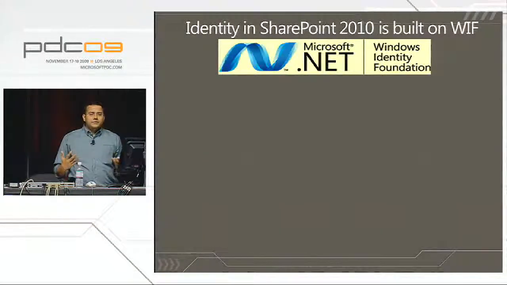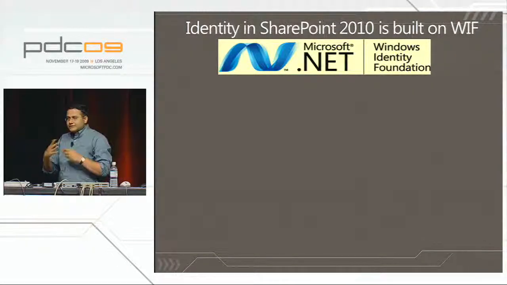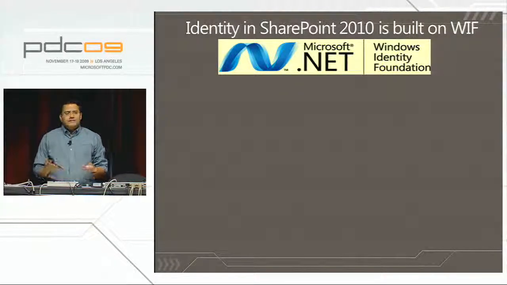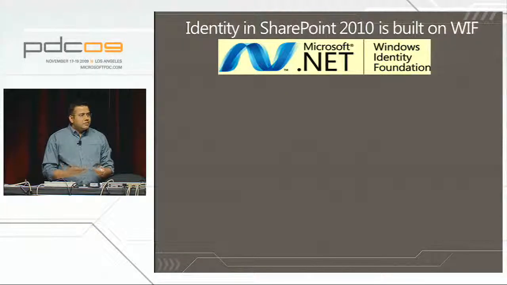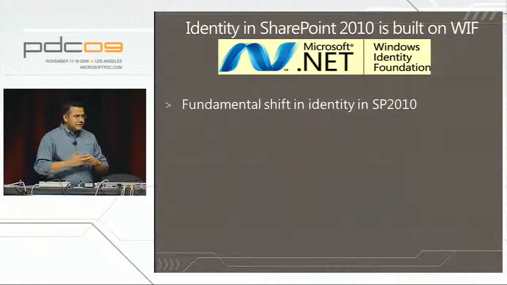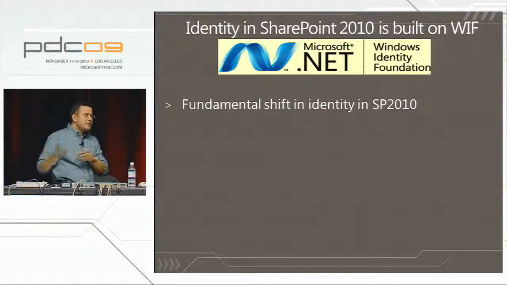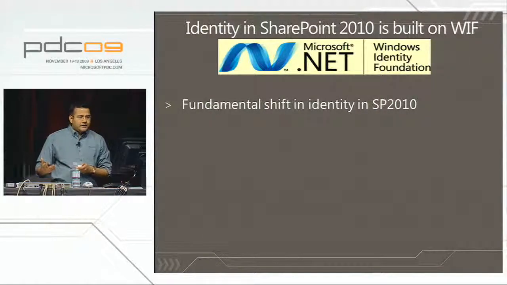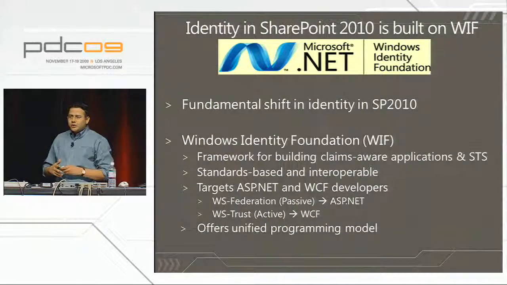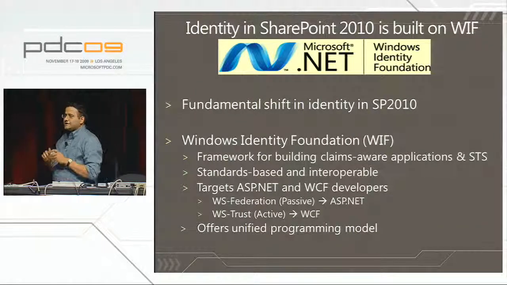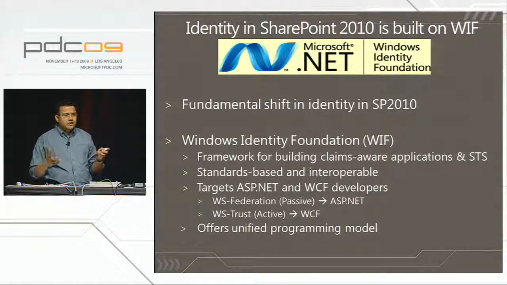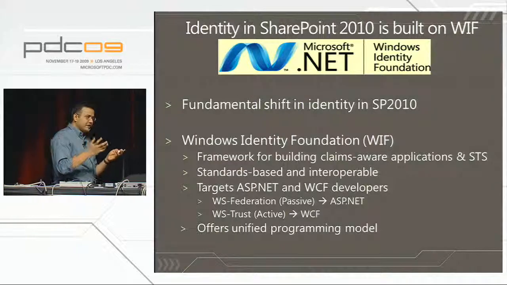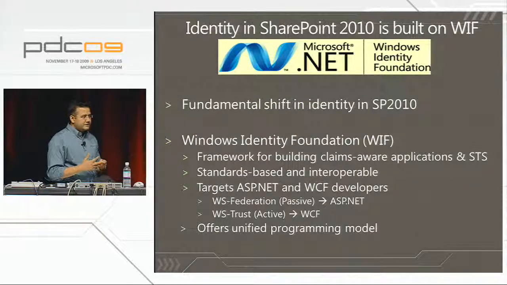Now, how did we achieve this? Windows Identity Foundation. That's where we moved all of our identity foundation to be based on Windows Identity Foundation itself. That's a fundamental shift that we made. And just a quick overview, Windows Identity Foundation is basically an extension to the .NET Framework that allows you to build claims-aware applications and security token services.